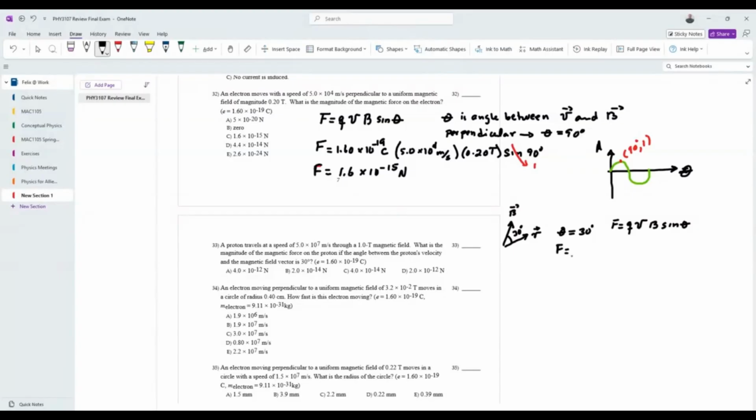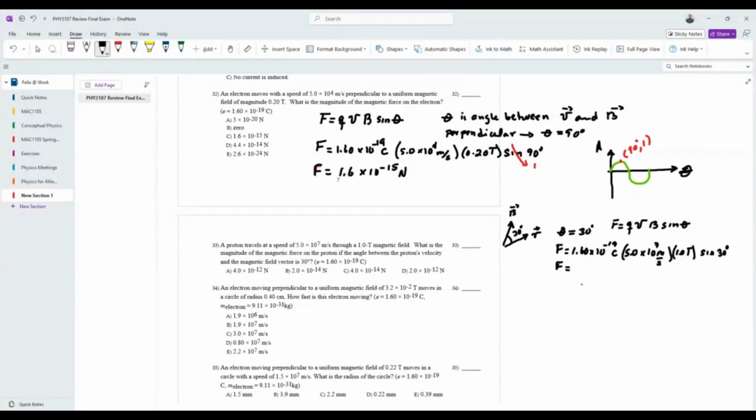So substituting, the charge of the proton is the same as the charge of the electron, but positive: 1.60 times 10 to the negative 19 coulombs. Now the velocity or speed is just 5 times 10 to the 7 meters per second. The intensity of the field is 1 Tesla, sine of 30 degrees.